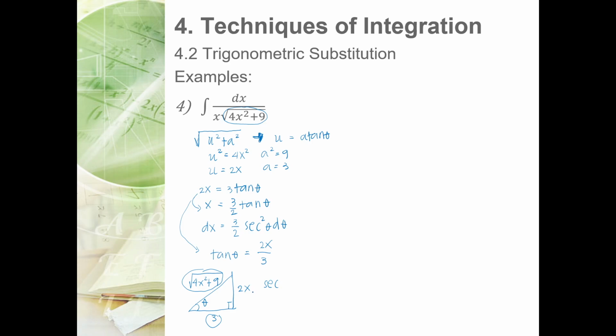So secant theta would be the hypotenuse, square root of 4x squared plus 9, all over 3. So this is equal to 3 secant theta, ang inyong square root of 4x squared plus 9.